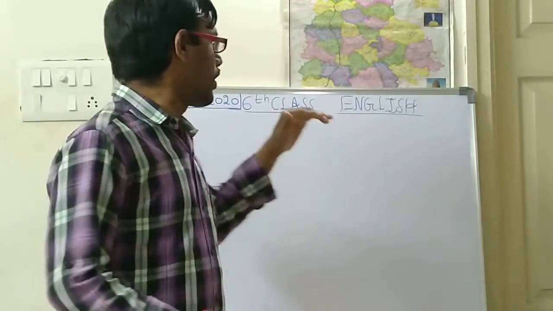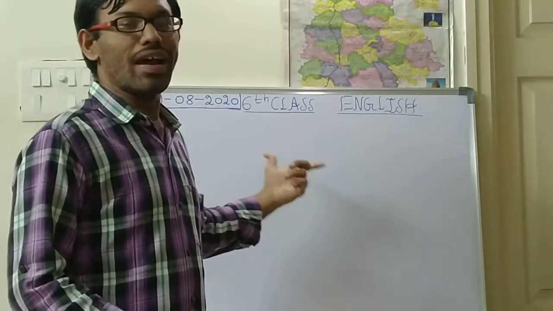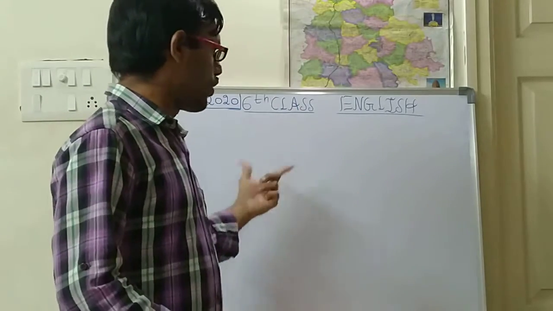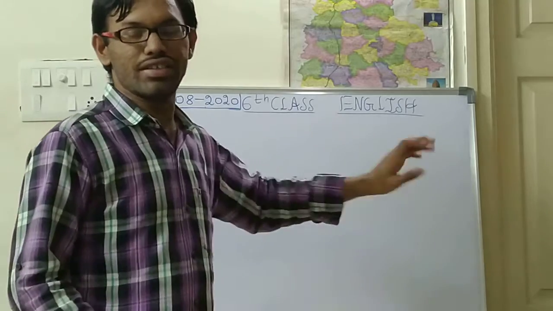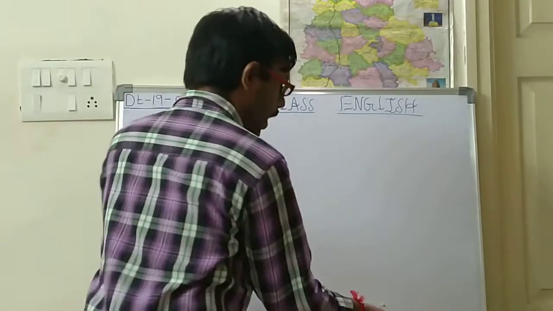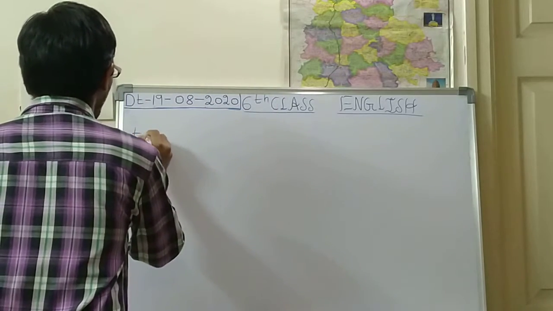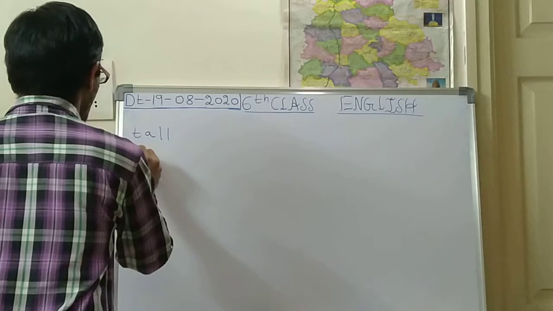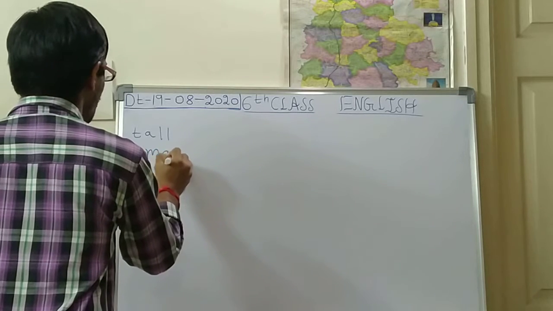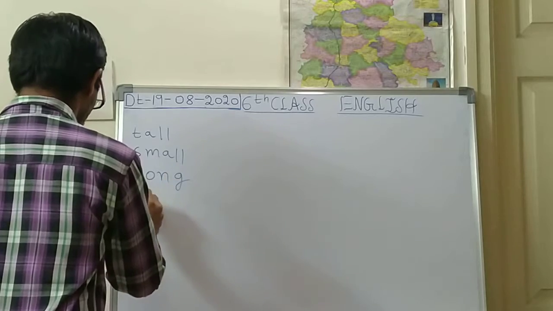And one more thing, in the previous class I gave one homework to write the degrees of comparison for four words. I think you have done the homework. Those four words are tall, small, long, sweet.